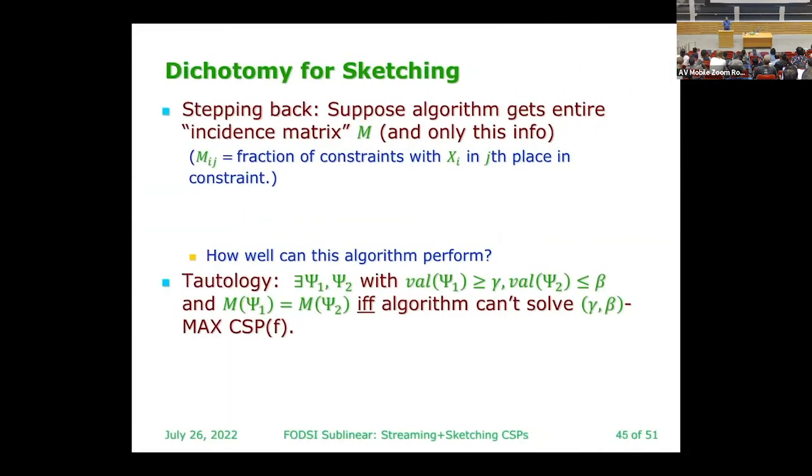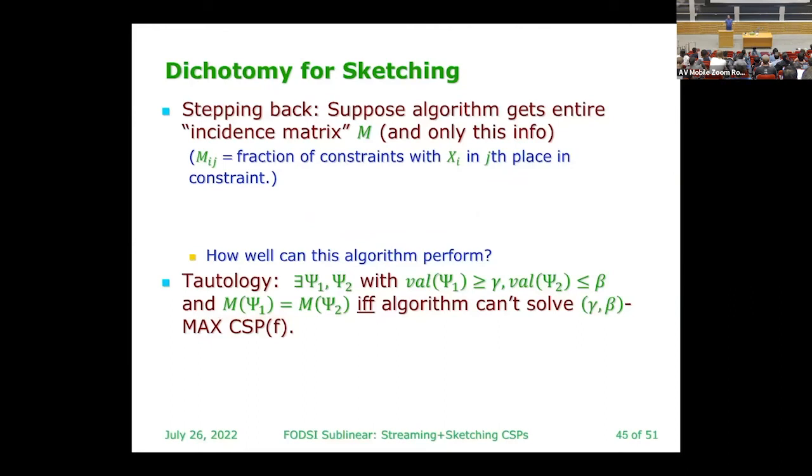And here's a completely tautological statement. If there are two instances, psi1 and psi2, one of which has value at least gamma, the other has value at most beta, but the matrix associated with these two instances is exactly the same, then you cannot solve the gamma-beta distinguishability problem by this algorithm.